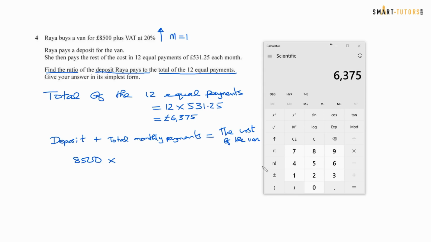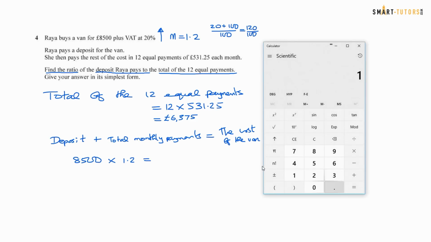The way to do it is, 20% VAT added to the price means the multiplier is 1.2. If anybody doesn't know how to do this, 20% increase means you add 20 to 100 and divide by 100. So 120 divided by 100 is 1.2.